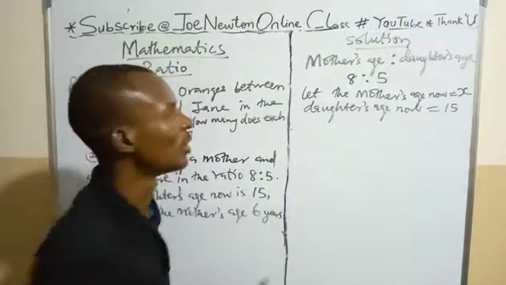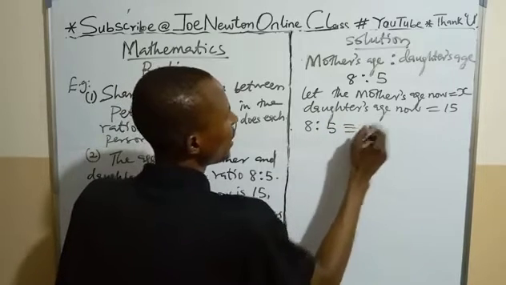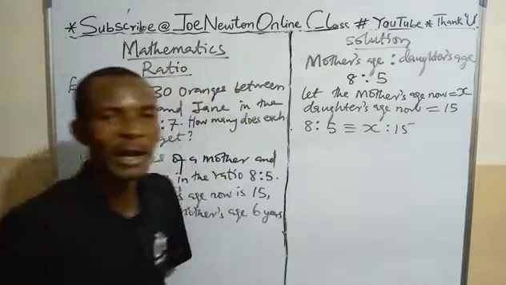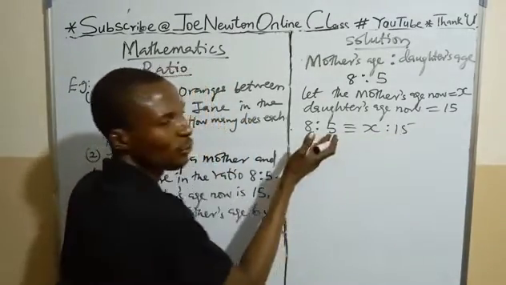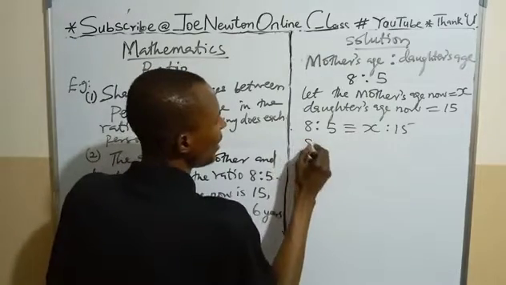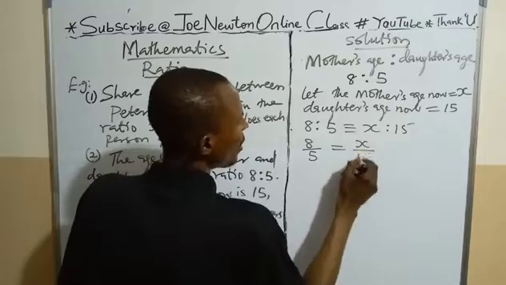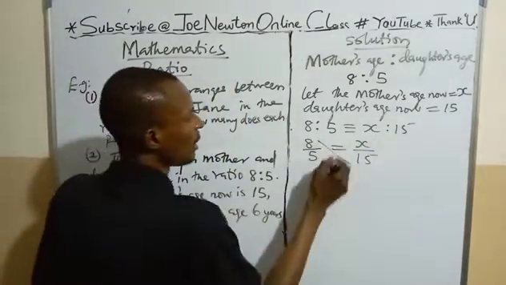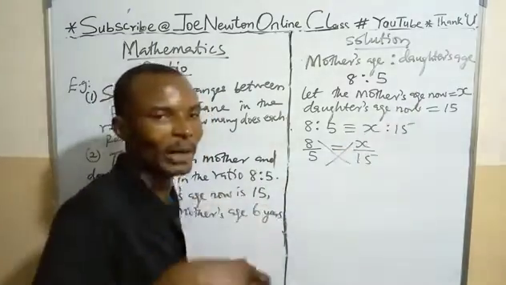So by implication, 8 is to 5 is equivalent to x is to 15. In fraction, 8 over 5 is equal to x over 15. Now we cross multiply. Remember, this x is the mother's present age.